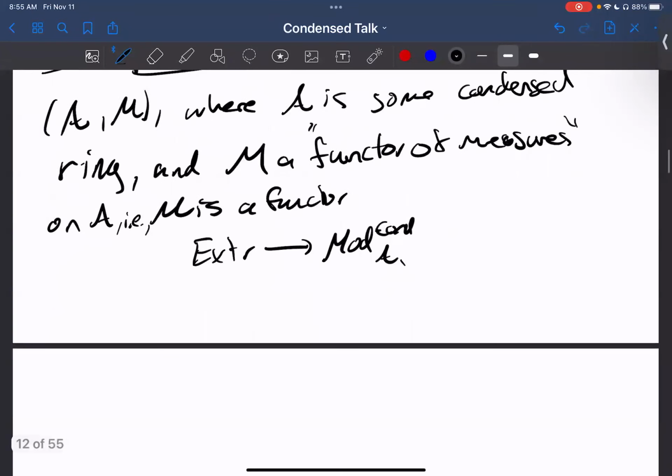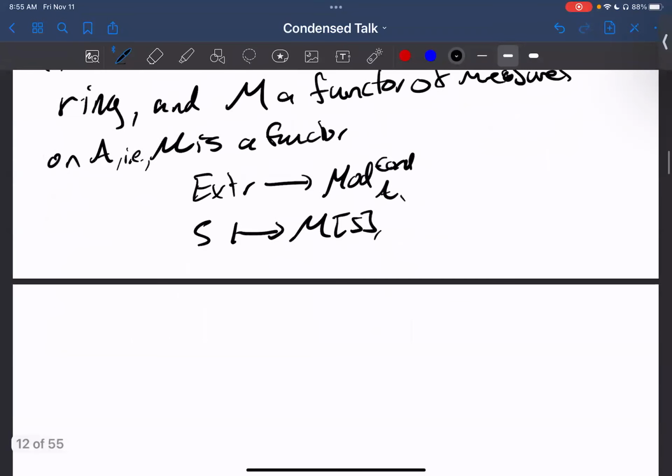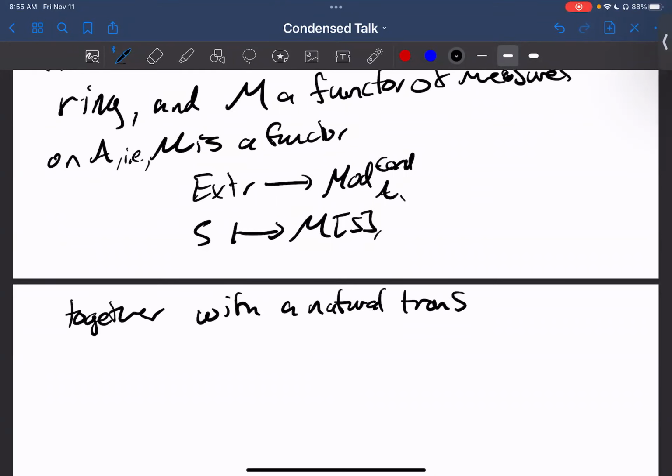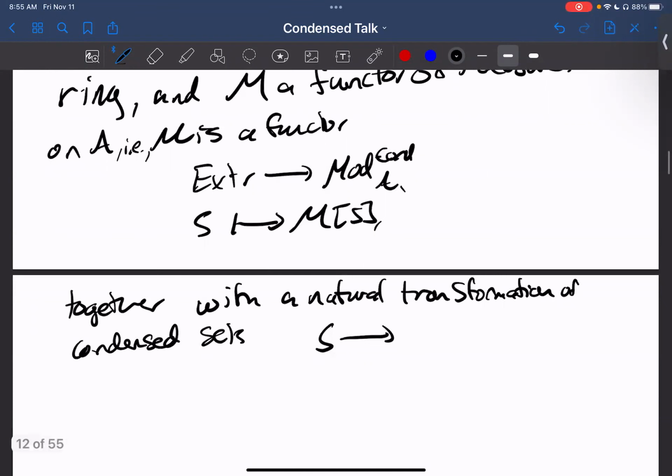So these are condensed A modules in condensed abelian groups, which takes an extremely disconnected S to something which we call M of S, together with a natural transformation of condensed sets from the extremely disconnected S to, this is here considered as a condensed set again.